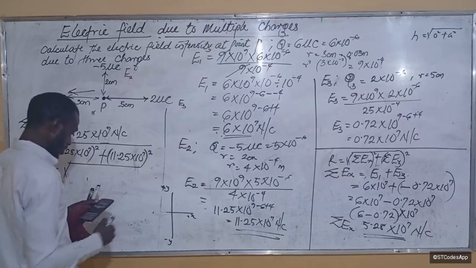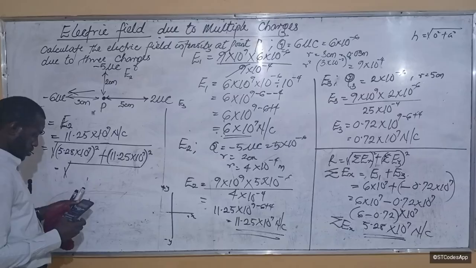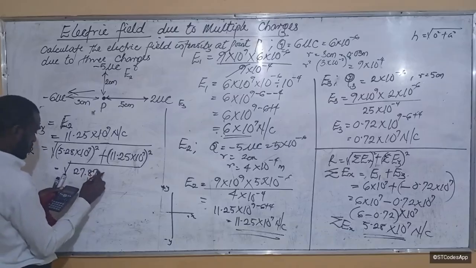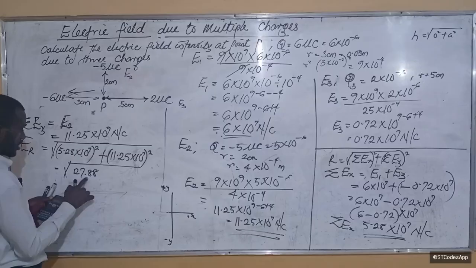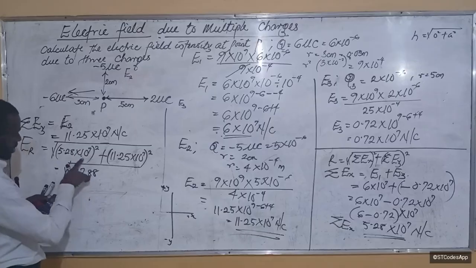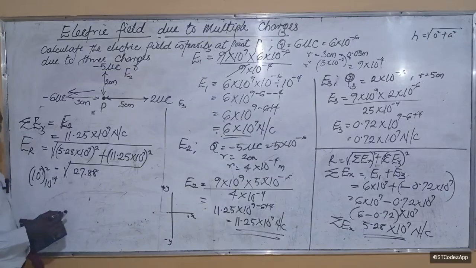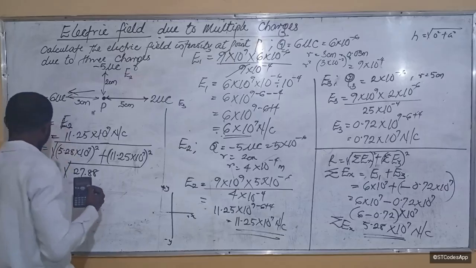Is equal to 27.88, approximately. Then if you square this, 10 raised to the power 7 squared is equal to 10 raised to the power 14, 7 times 2. Is that clear? Okay.